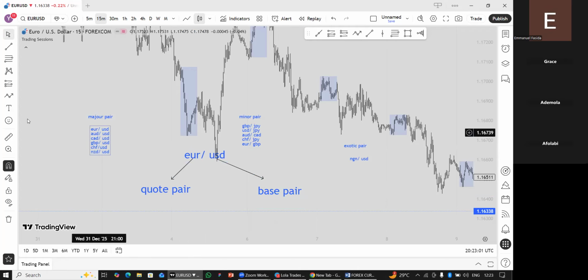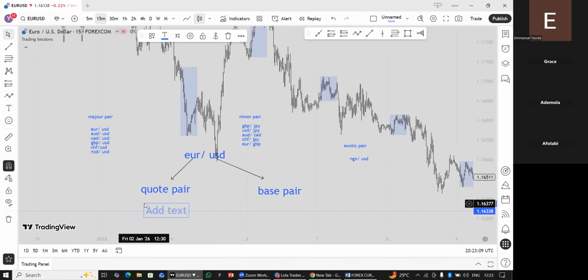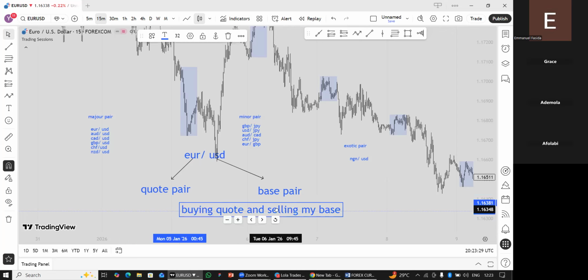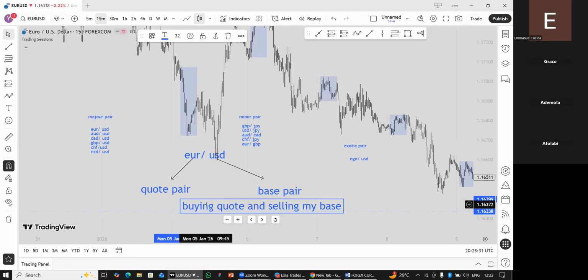That means I am buying my quote and selling my base. If I'm going long, that means I want to buy one currency pair, I want to buy this quote, I want to buy Euro. That means I'm saying Euro is strong and dollar is weak.